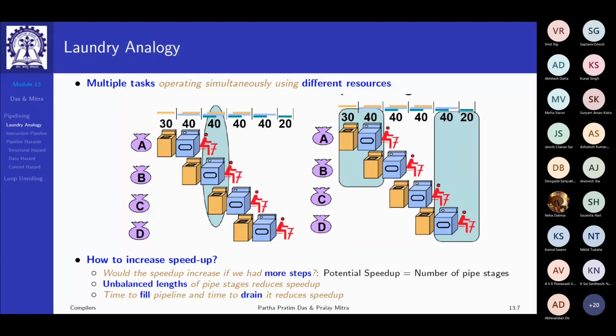Also, on the left, when all these three machines are being used, you can say that the pipeline is actually full. Before that, you have a stage where you are filling up the pipeline, and towards the end, you have a time where you are draining out the pipeline.